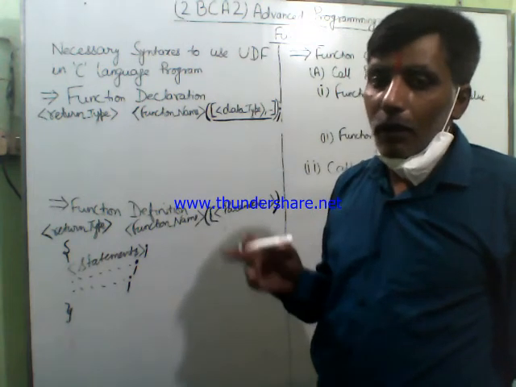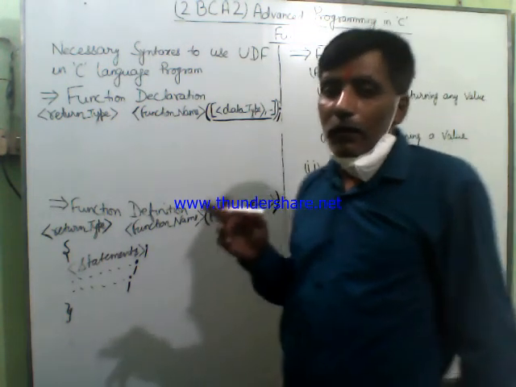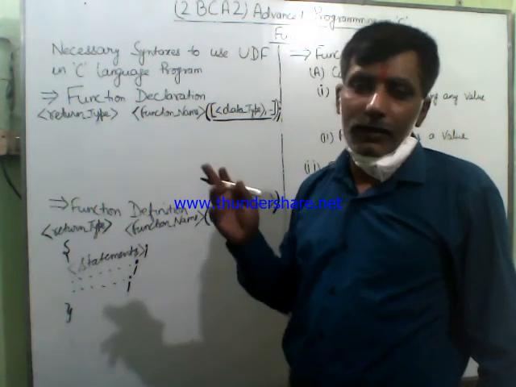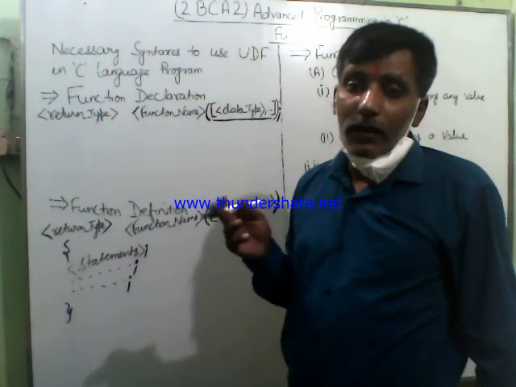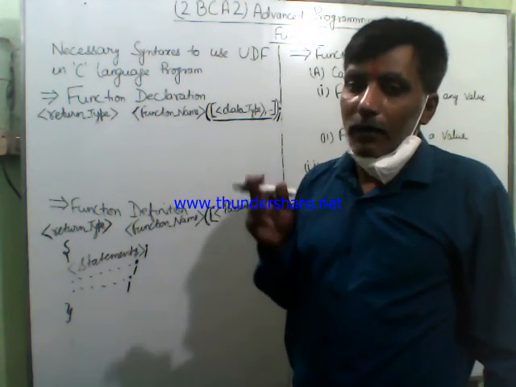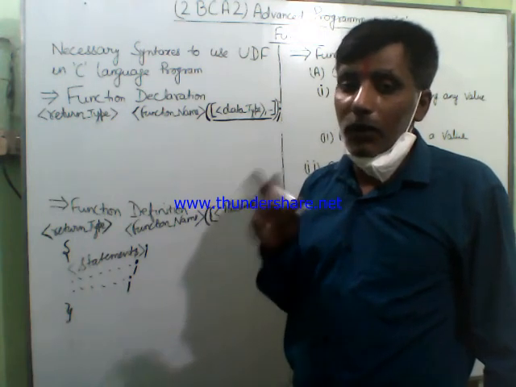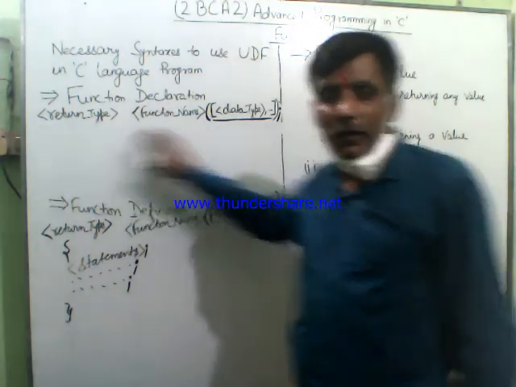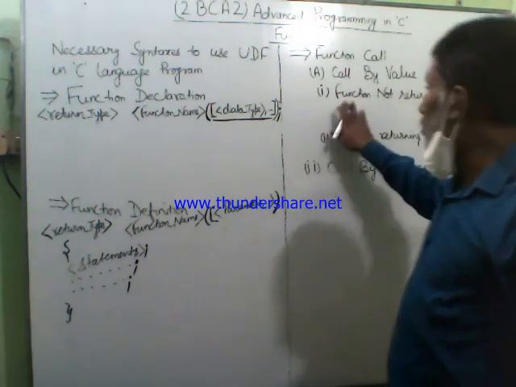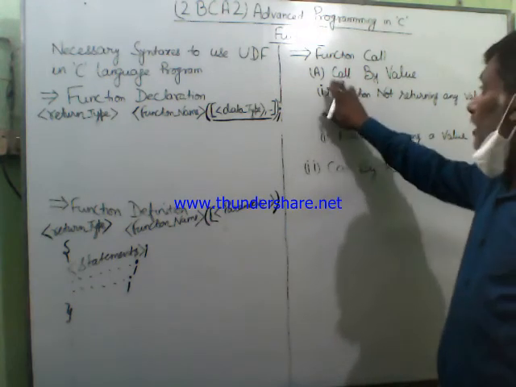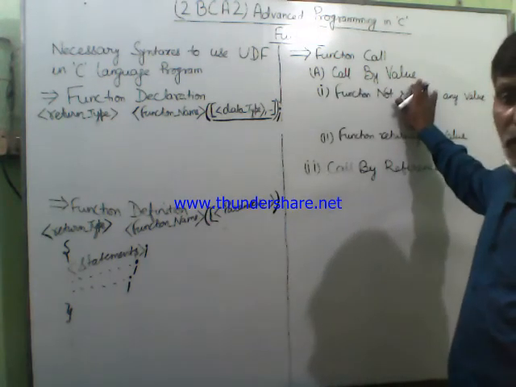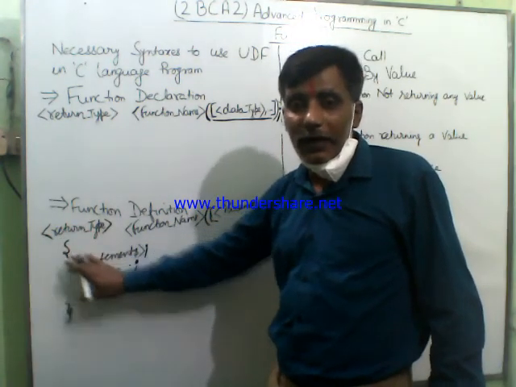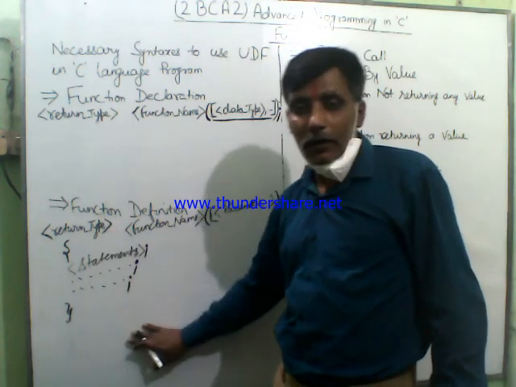If you want to call any function that has not been defined in C, and that is a user-defined function that you are going to use in the program, then you have to declare your function in the program by using this syntax when you are going to call the function by using the method call by value, and you have to define the function by using the syntax that I have put currently on the board.